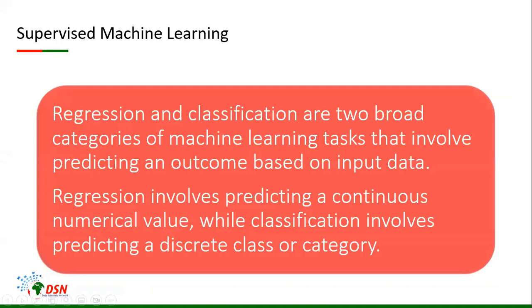All right. So most of the problems we'll be solving in supervised machine learning are around regression and classification. Yes, I know there's clustering, but most of the tasks that I've seen on the Zindi platform are focused on supervised machine learning, specifically regression and classification. These are just the two broad categories. Regression involves predicting continuous values, while classification involves predicting a discrete class or category.